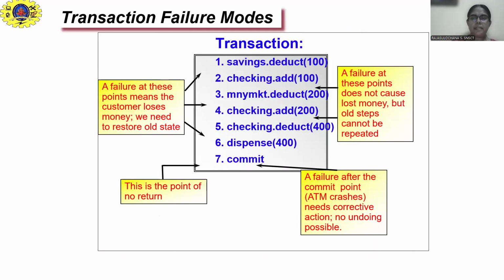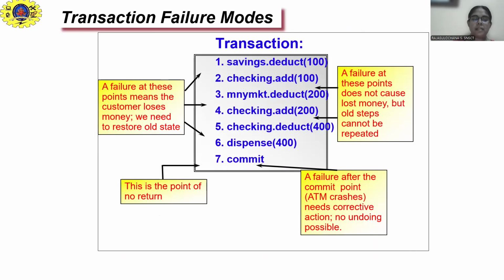If failure happens at this time, it will not cause the loss of money, but all steps cannot be repeated. Similarly, the last step is commit transaction. This marks the end of the transaction. This is a point where there is no return for the transaction. So failure at this particular point needs some corrective action.